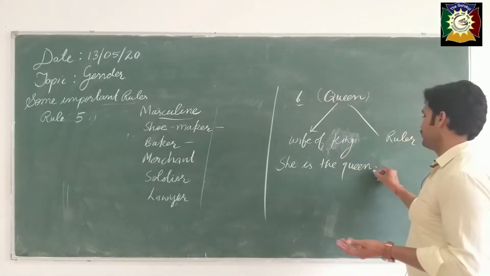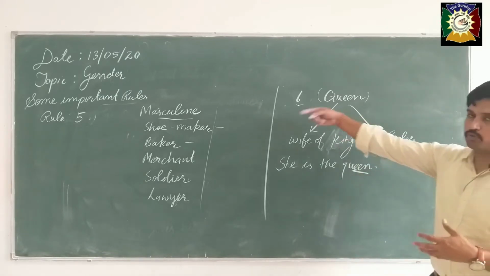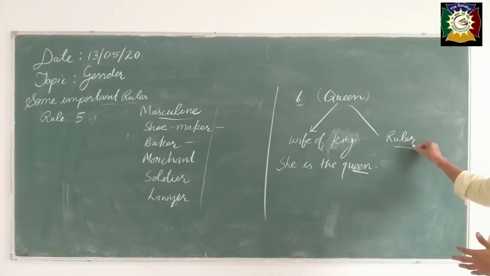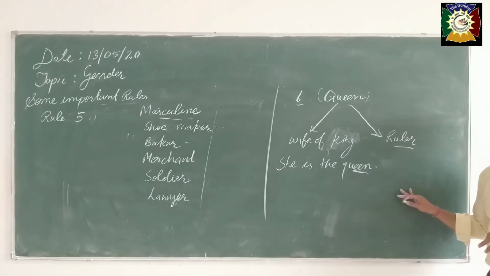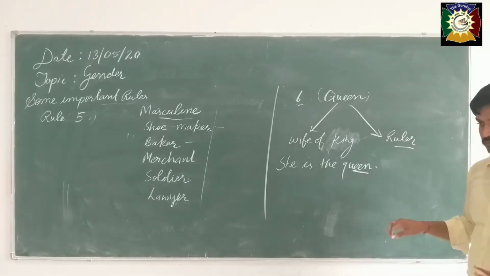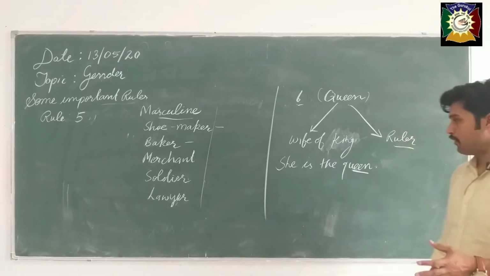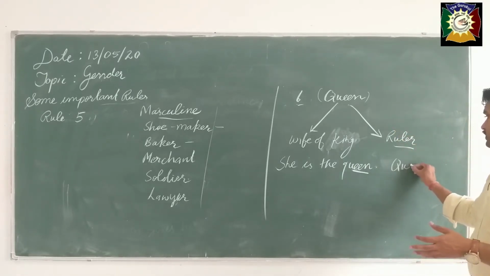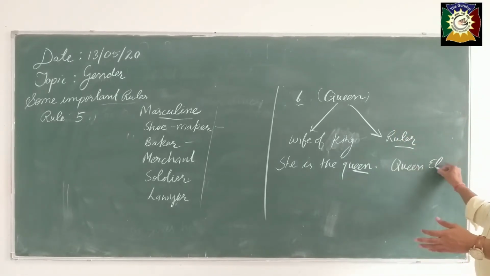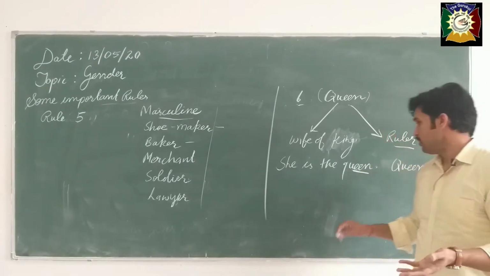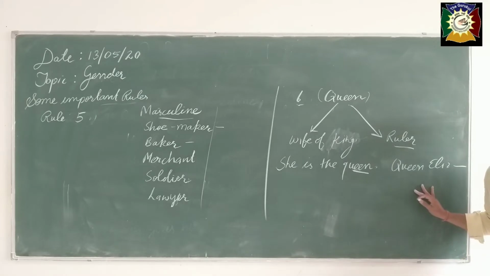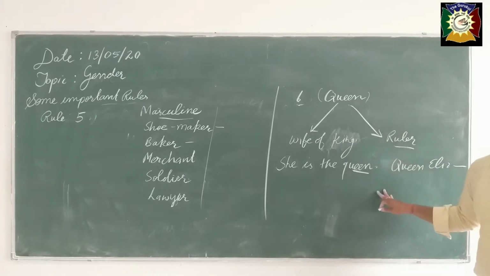Now you understand this here, ruler's wife. Second, we use it for the ruler. For example, Queen Elizabeth was not beautiful. Here I have mentioned queen first and then the name. Any name of any nation you can write. Queen Elizabeth was not beautiful. So this is how we use the word queen.